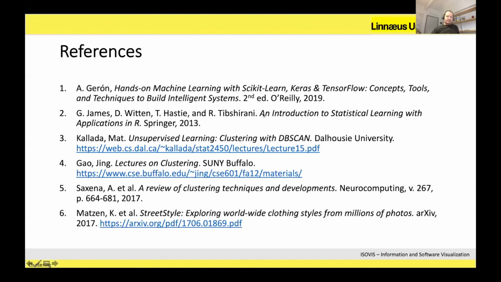If not, there's another book called Elements of Statistical Learning by the same authors, which is available online. I think this one is also. I should have probably put the link here. I'm actually going to put the link here before I publish it.